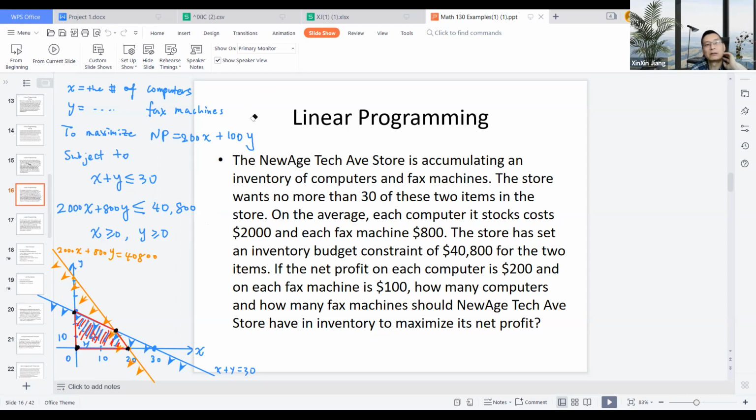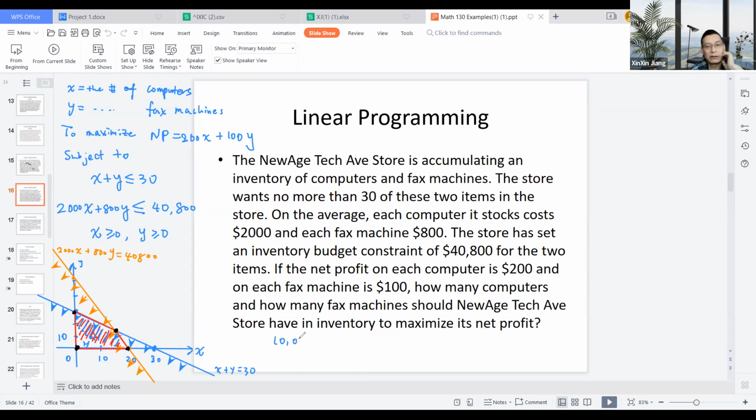So it's very nice. Then we need to find these corner points, put them into the objective function to find the maximum and minimum. So the next step is to find these corner points. There are 4 corner points.